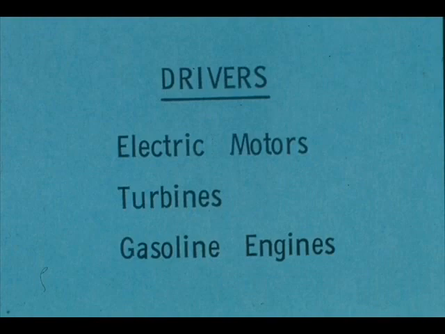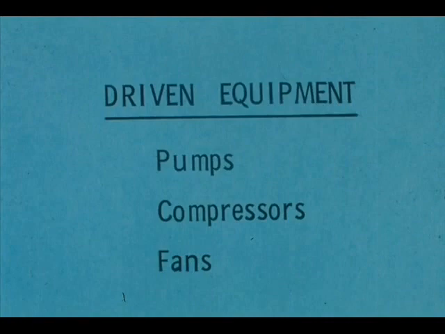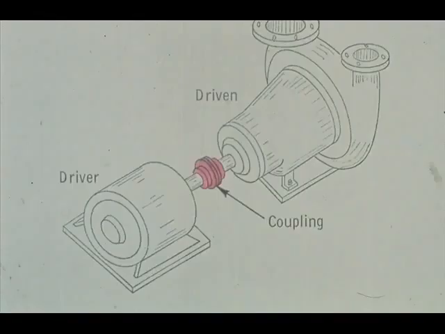Examples would include electric motors, turbines, and gasoline engines. Machines that use power to do some form of work are called driven equipment. Driven equipment would include pumps, compressors, and fans. In the case of rotating equipment, some device is needed to connect the shaft of the driver to the shaft of the driven equipment. This device is a coupling.